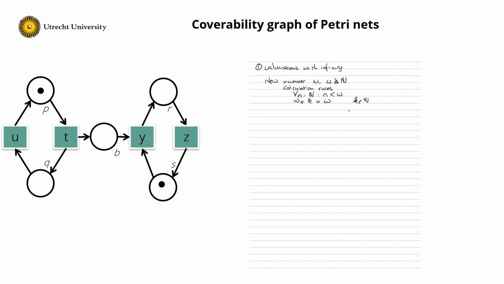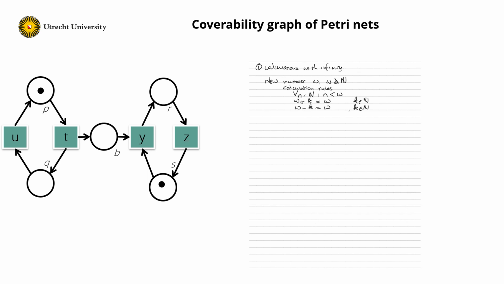And similarly, if I have this natural number k, and I subtract it from omega, that just yields omega. So these are the calculation rules: any natural number is strictly smaller than omega, and adding or subtracting a natural number from omega results in omega. So that means we have a new tool in our toolbox.